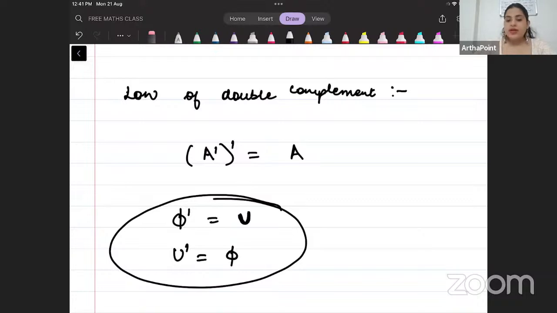Okay. Now, with this, beta, we have completed set theory. In the next class, I will take a test of set theory, and I will see how much you know. It is a test to understand how much you have understood in set theory.